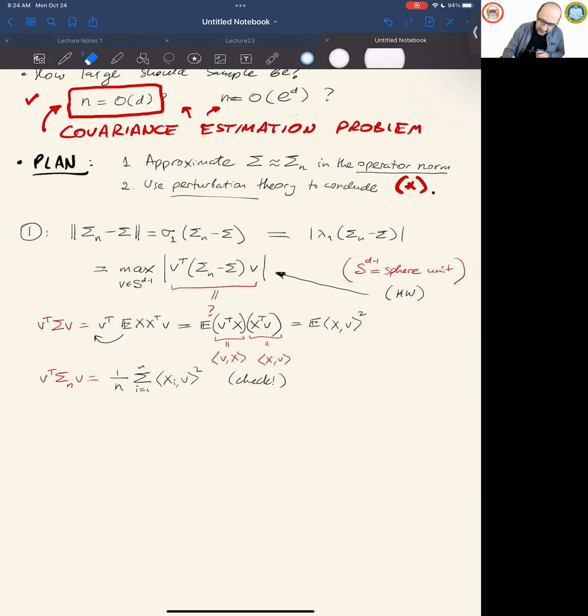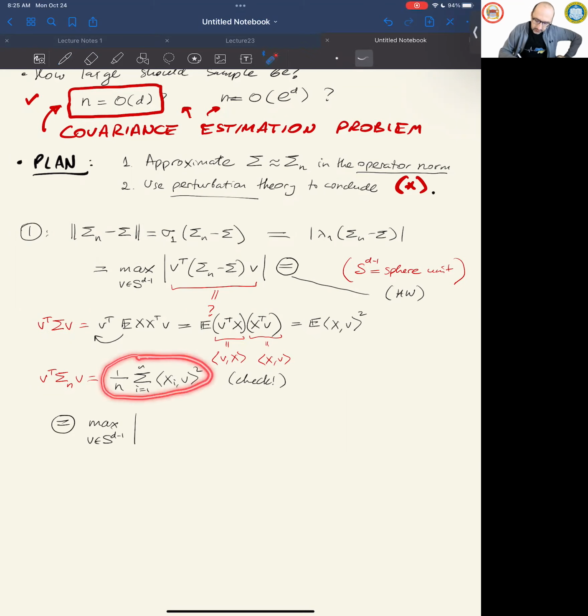Okay, let's keep going. We're continuing computing the operator norm here. So this is a maximum over all unit vectors of, I subtract this from this.